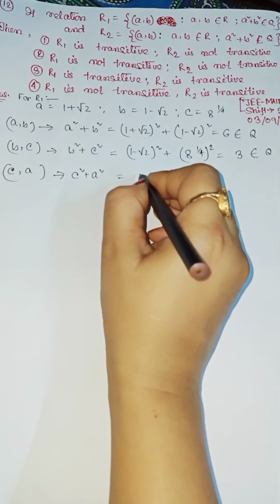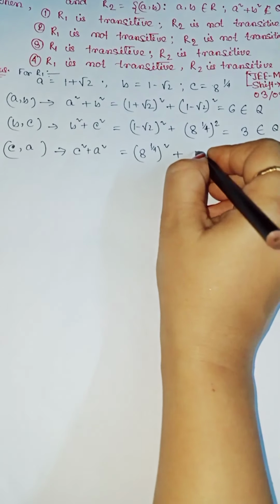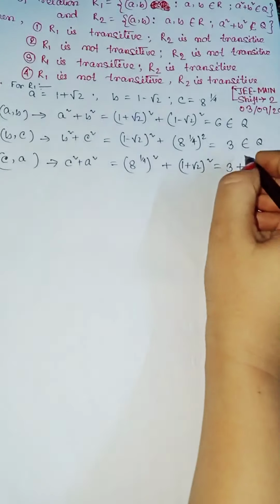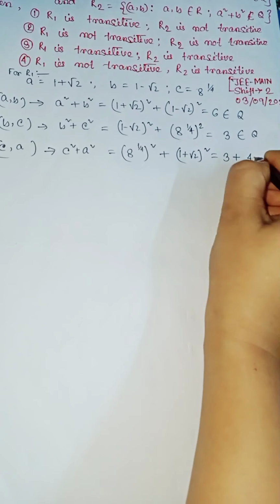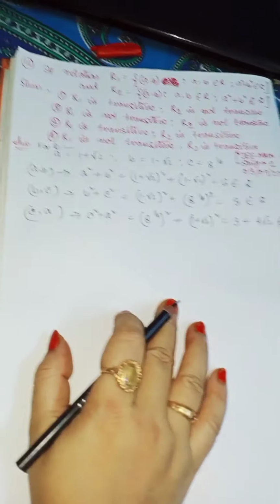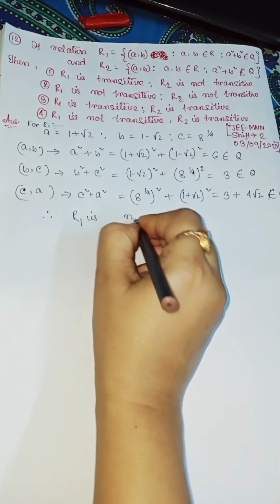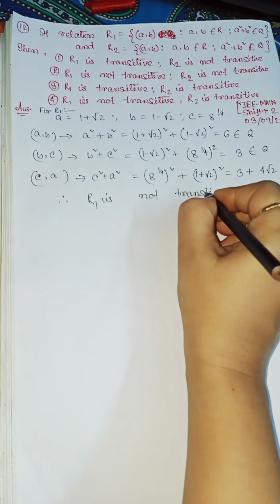It is also in relation. c is equal to 8 to the power 1 by 4, c square plus a square is equal to (1 plus root 2) whole square, that is equal to 3 plus 3 plus 4 root 2. 4 root 2 is not a rational number, so that does not belong to Q. Therefore we may say R1 is not transitive.